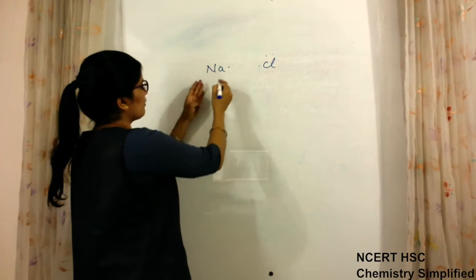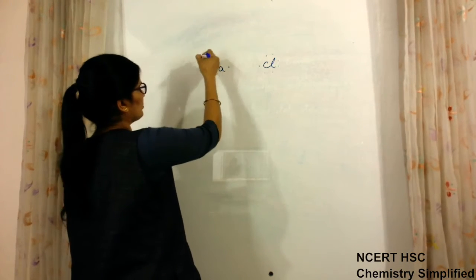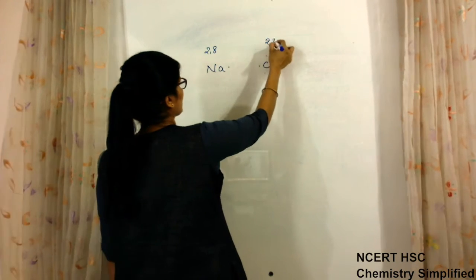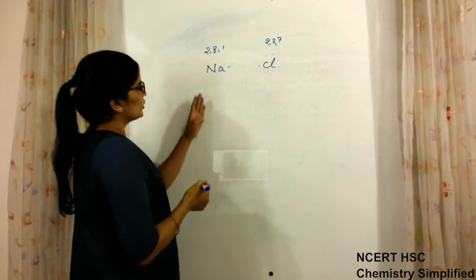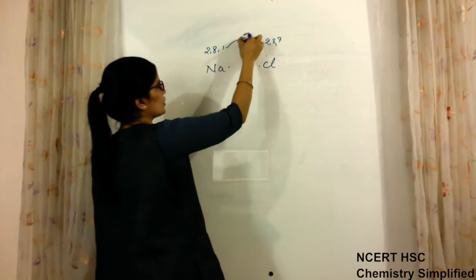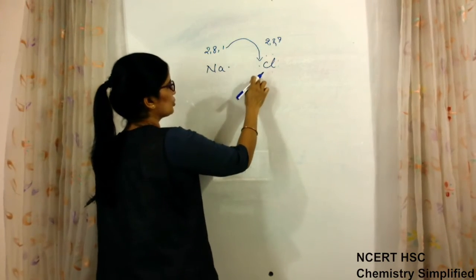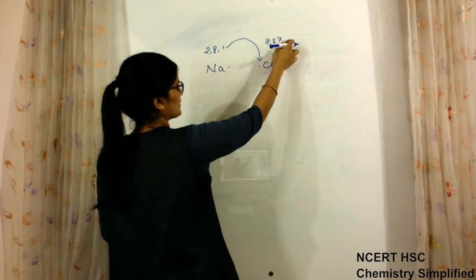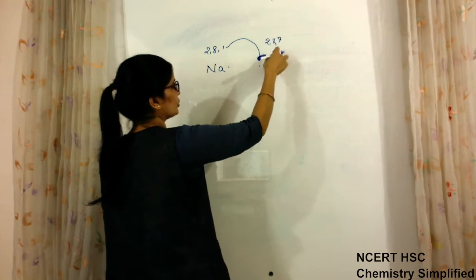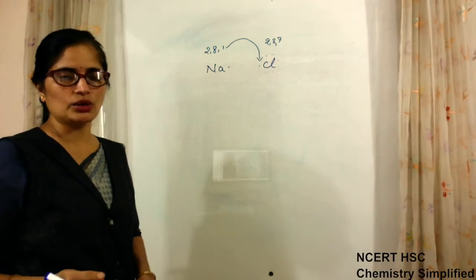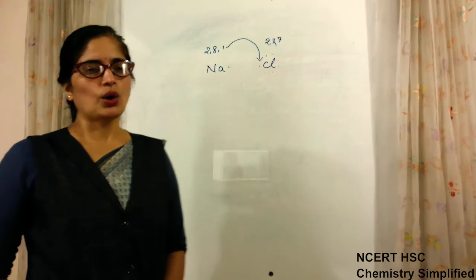Because sodium's valence shell has only 1, but beyond it has 2 and 8, to complete its octet it is easy for it to give. So this 1 electron will be given by sodium to chlorine, and because chlorine has 2, 8 and 7, it is easy for chlorine to accept 1 electron and become 2, 8 and 8. Again the concept of completing their octet.